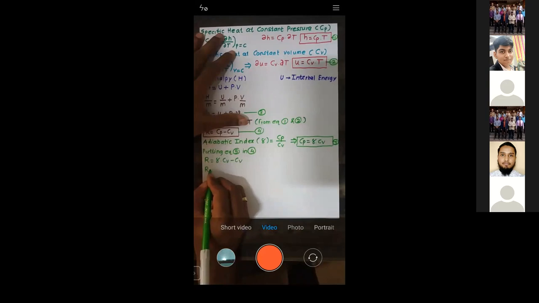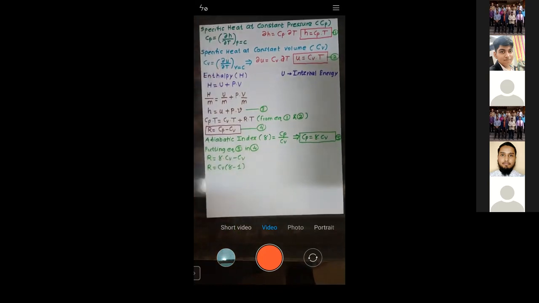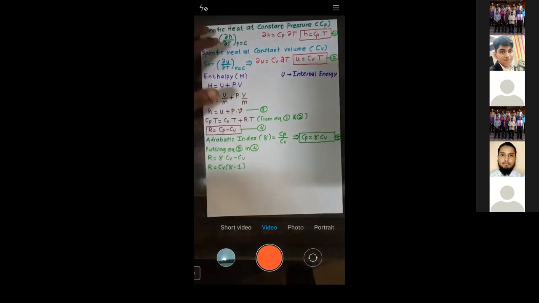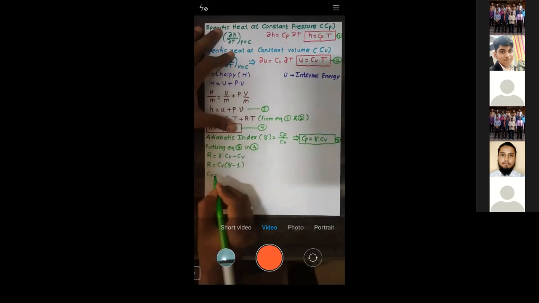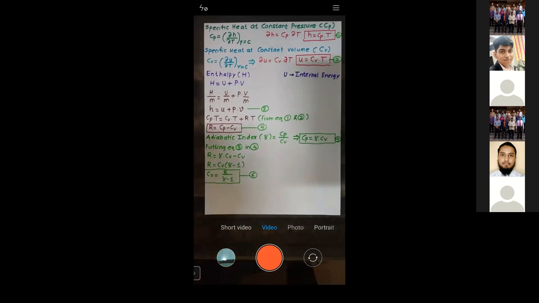R is equal to, Cv I will take common, gamma minus 1. So from this, we get the value of Cv as R upon gamma minus 1. Let us call this equation number 6.